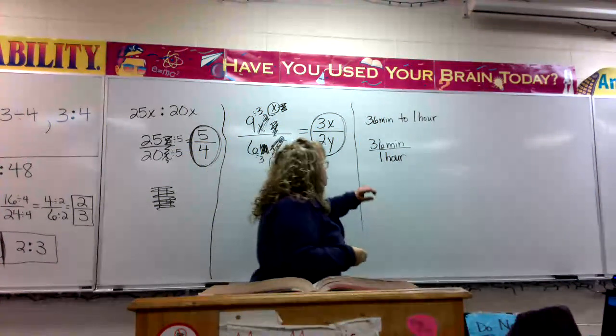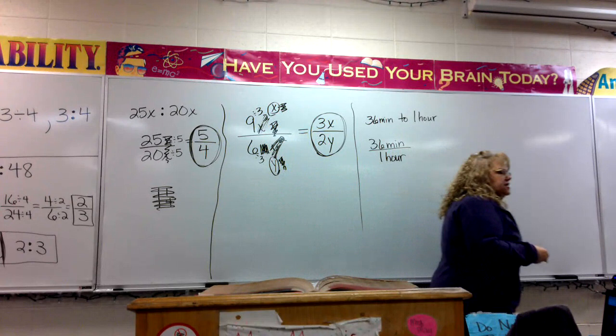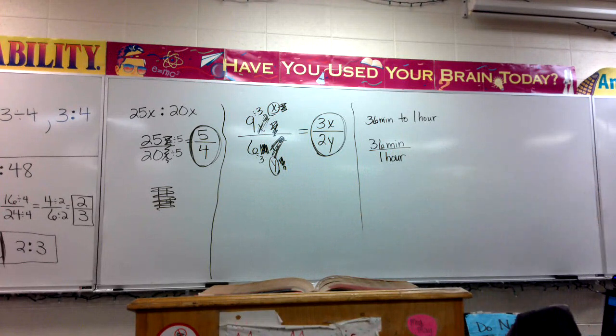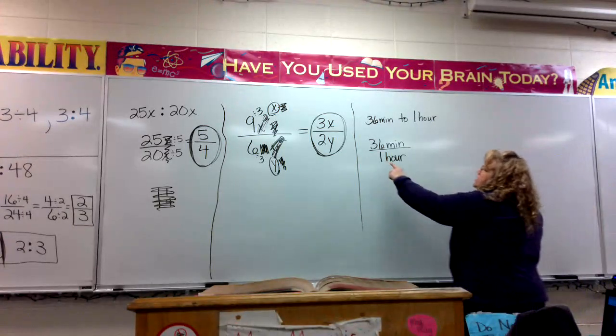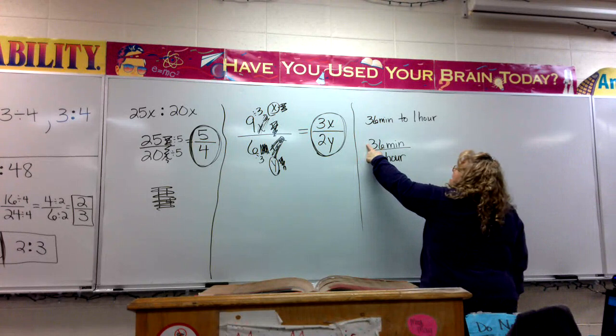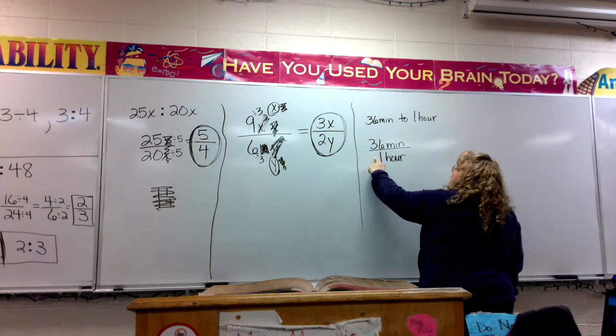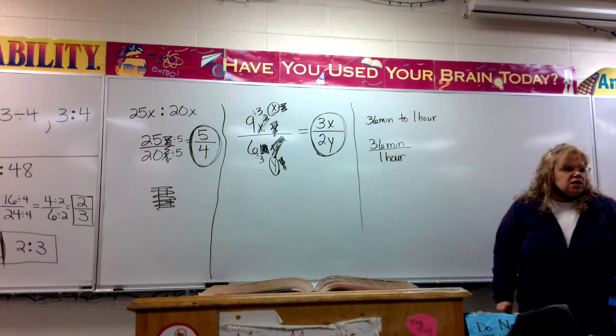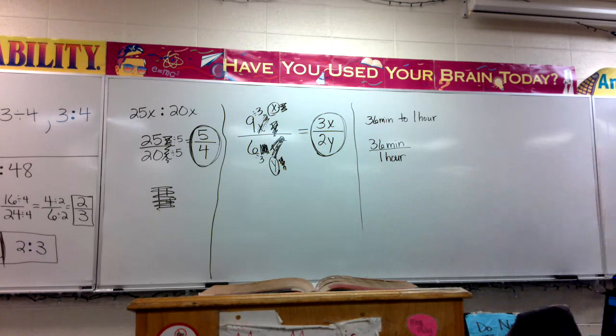Well, your units also have to cancel. And the only way they'll cancel is if they're the same. So you either have to change this 36 minutes to hours, or you have to change the 1 hour to minutes. Do you have any ideas?